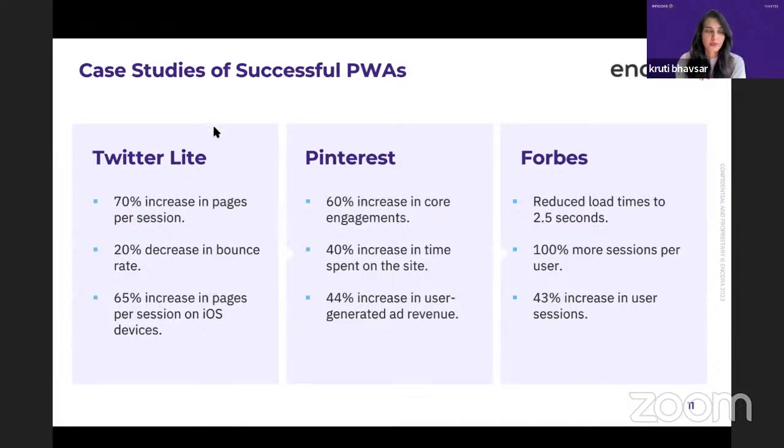With Twitter Lite, there was a 70% increase in pages per session because of caching data, and a 20% decrease in bounce rate. The user is not facing any loader or waiting for the website to load. Sometimes while waiting, they feel like, okay, I'll do it later, and they never come back.